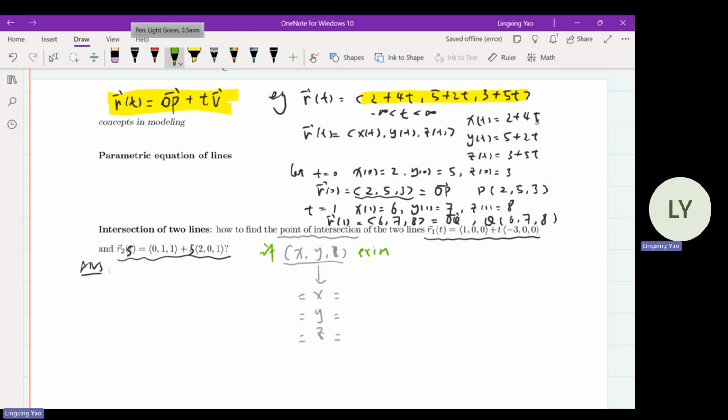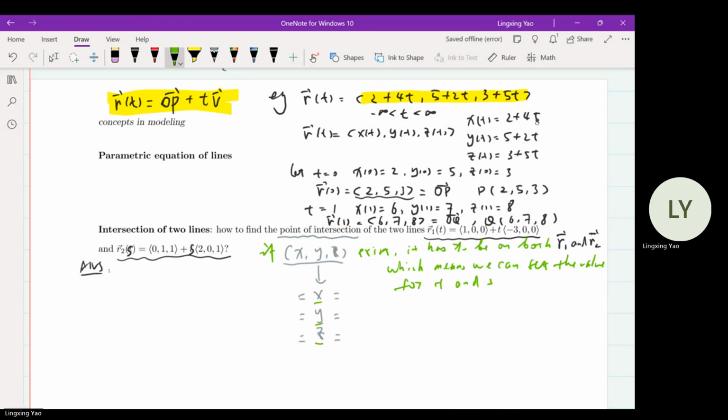If this exists, it has to be on both R1 and R2, which means we can set the values for t and s such that R1 of t and R2 of s are equal to each other in terms of the x, y, z components. So this is our logic in the discussion.